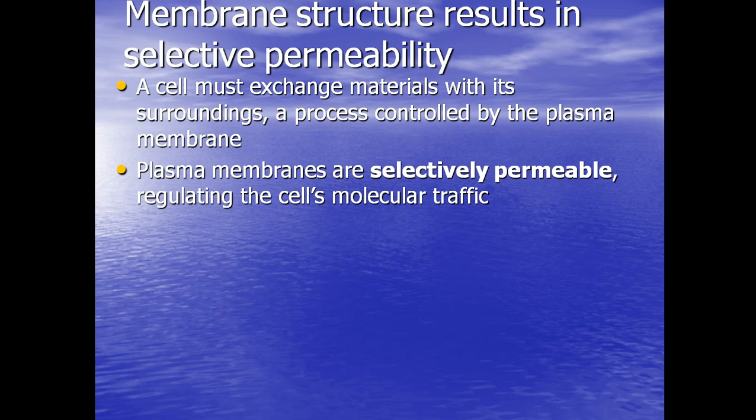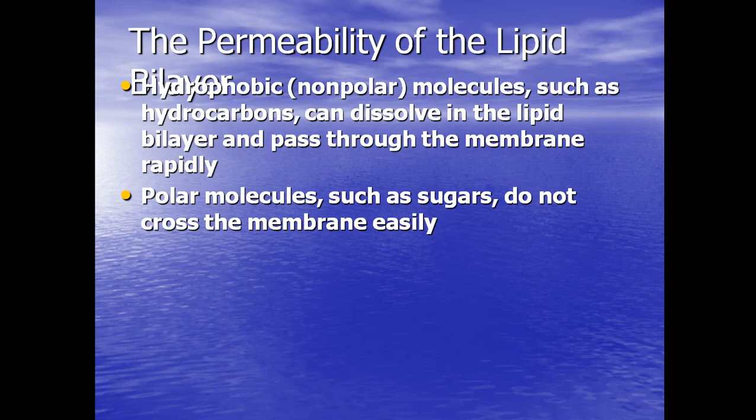So this membrane structure results in selective permeability. It controls or regulates the exchange of materials, and thus it regulates the cell's molecular traffic.